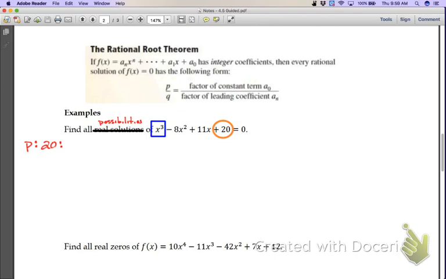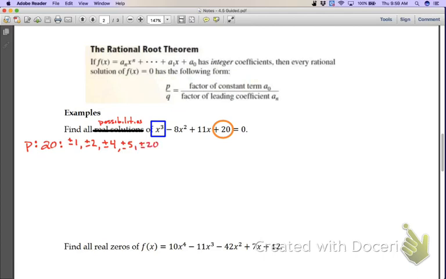4 and 5, right? Now, with this, I'm not just going to have all positive values. Because what if I multiply -1 and -20 together? Do I get a positive 20? Yeah. So whenever I write this, I always want to write plus or minus 1, plus or minus 2, plus or minus 4, plus or minus 5, and then plus or minus 20.